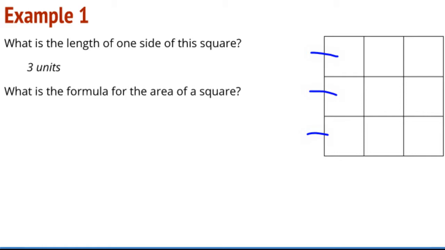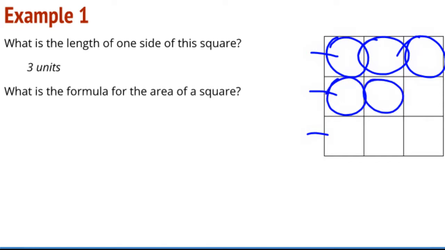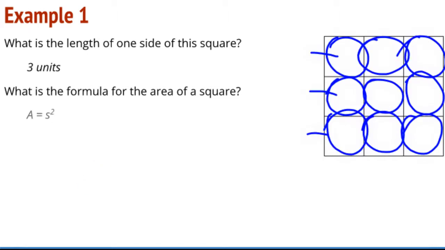And this is kind of a blast from your past, things that hopefully you have learned before. Hopefully you remember that area is the number of squares in a figure, and the squares of course are all the same size. And hopefully you remember that the formula for the area of a square is the sides squared.